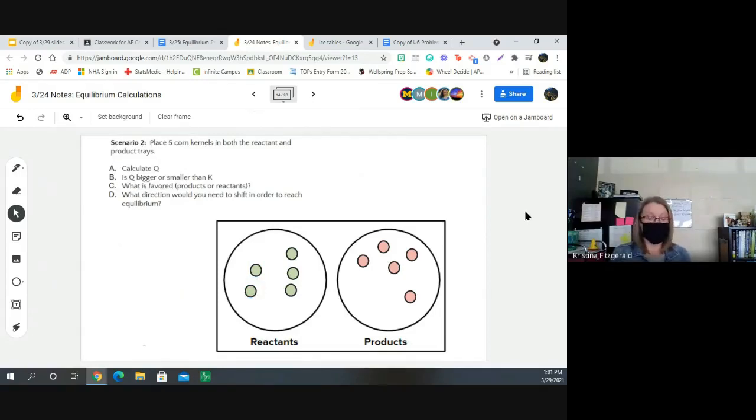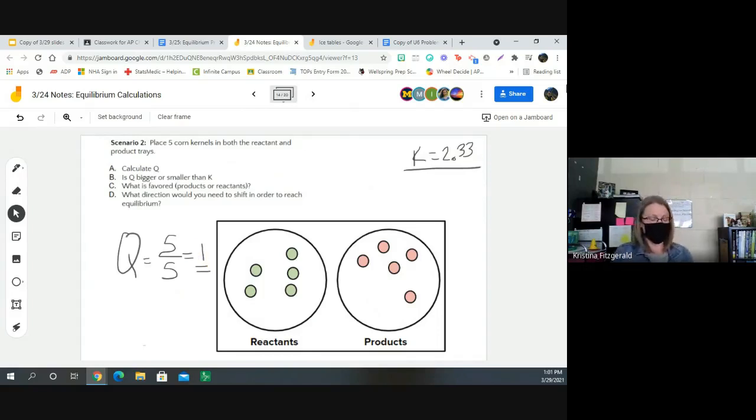So now I'm looking at this moment in time, this snapshot of my reaction. So we did Q, make that bigger. Q is products over reactants again, and this time it's 5/5. You're going to remember K is 2.33. This is at equilibrium, and this is our moment in time right now.